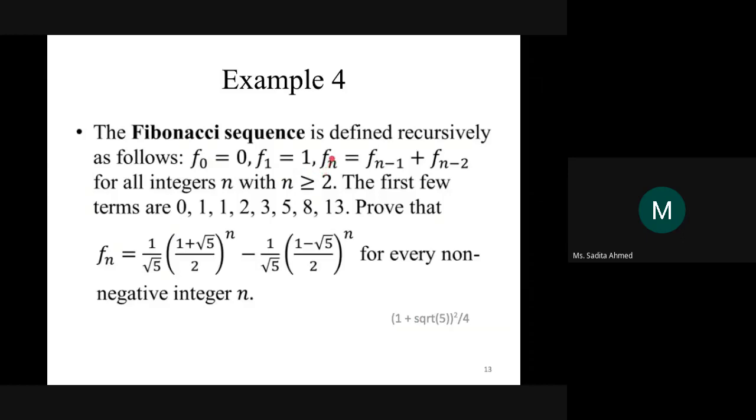For n equal to 2, what do we get here? 0 plus 1. Yes, because for n equal to 2, we get f1 and f0, which are 1 and 0. 1 plus 0 gives us 1. And as you can see, for n equal to 2, we have 1 here. For n equal to 3, we have 2 here, and so on. Okay?